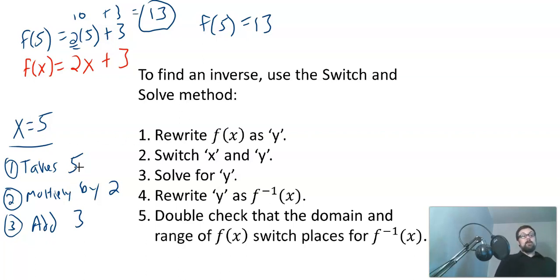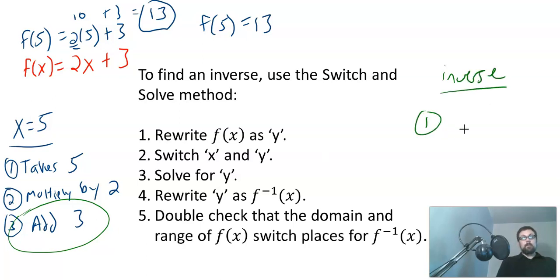So we want to reverse this. We want to find the inverse. So how do I undo all the stuff that f just did? If I want to undo all of this, I have to start with the last thing that was done and reverse that. So the inverse will take the result from f, which was 13.